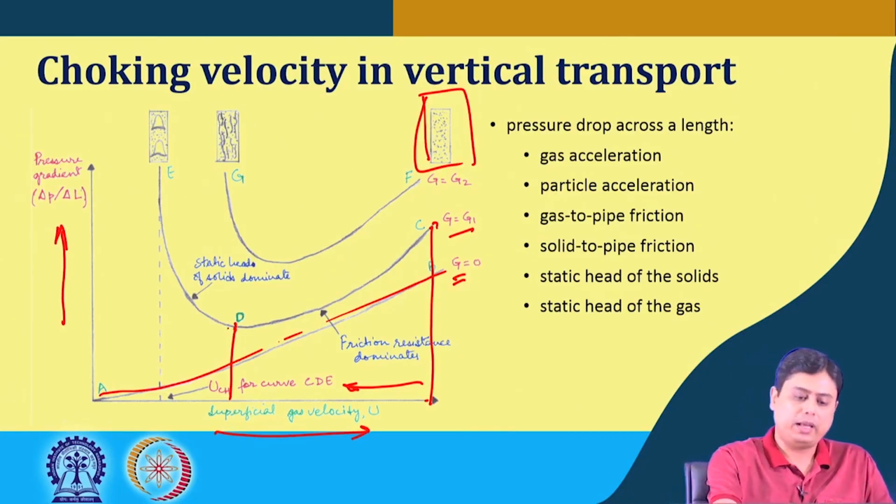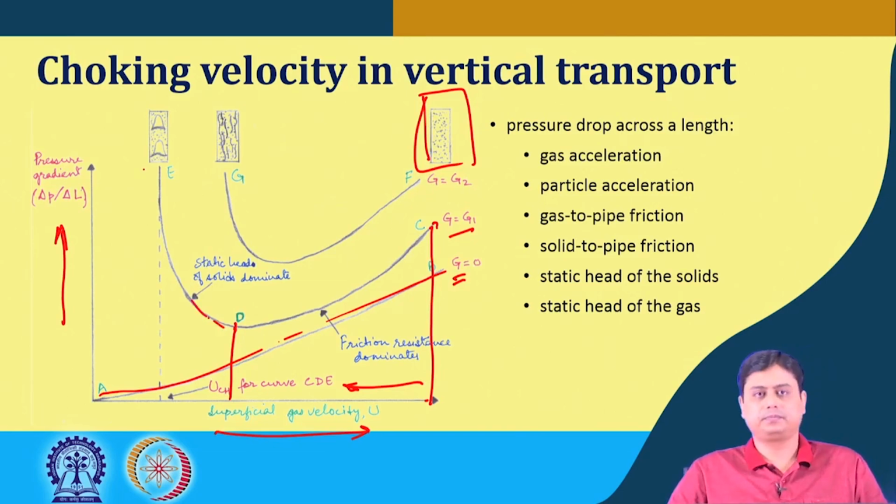So, the pressure drop again increases. Now, at this point the gas velocity is basically not able to penetrate the solid bed, or say the solids are not being carried with the gas velocity that is provided.